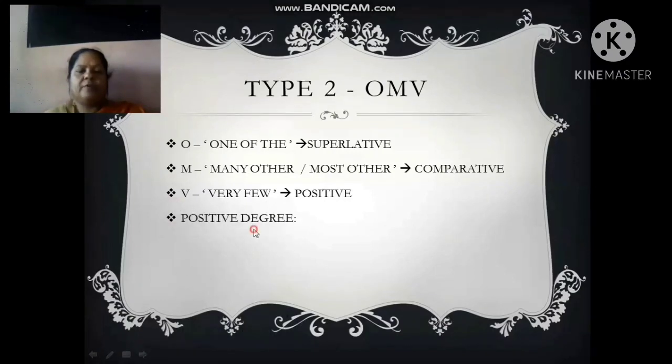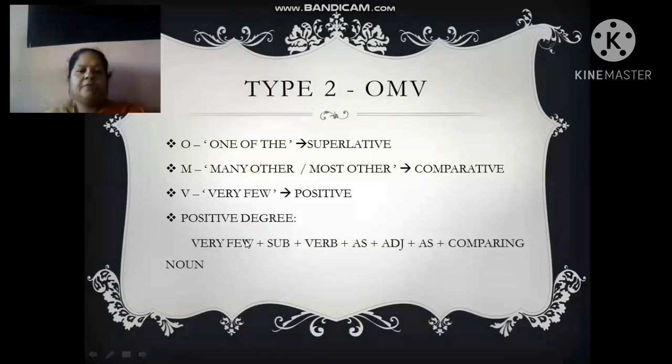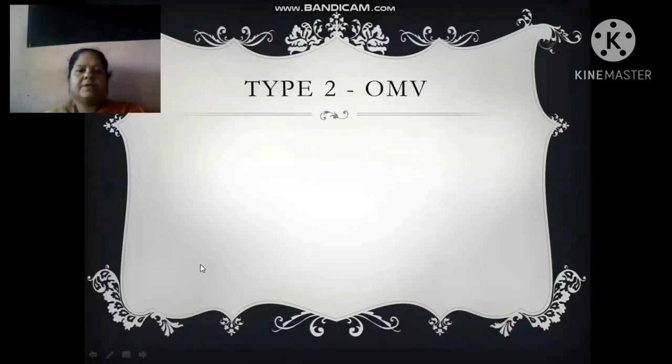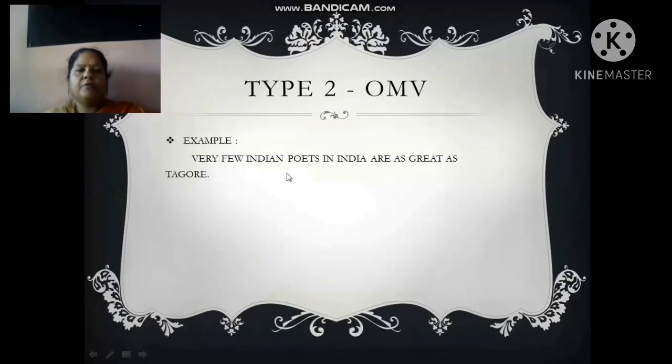Positive degree format: very few plus subject plus verb plus as plus adjective plus as plus comparing noun. Example, very few Indian poets in India are as great as Tagore.